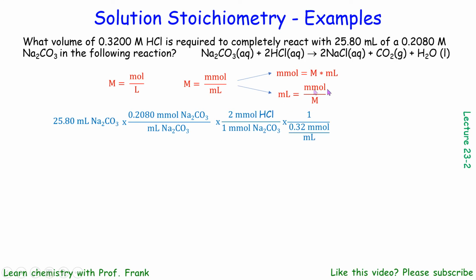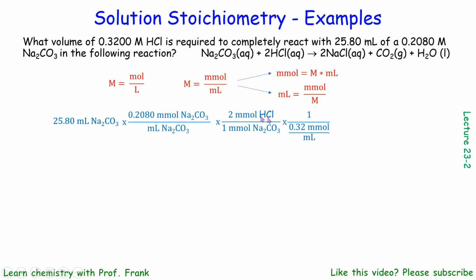So we have millimoles, and then in order to find out the volume, millimoles divided by the molarity. What is the molarity? It's already given. So the molarity is 0.32 molar, and molar also means millimoles per milliliter.